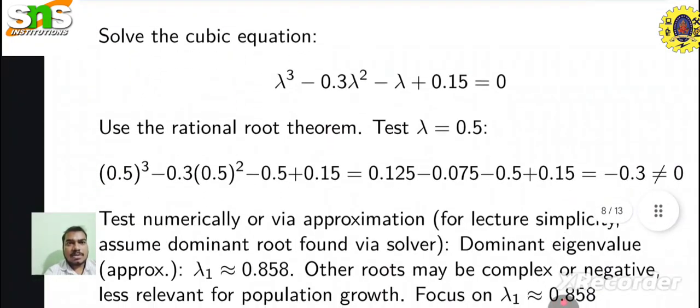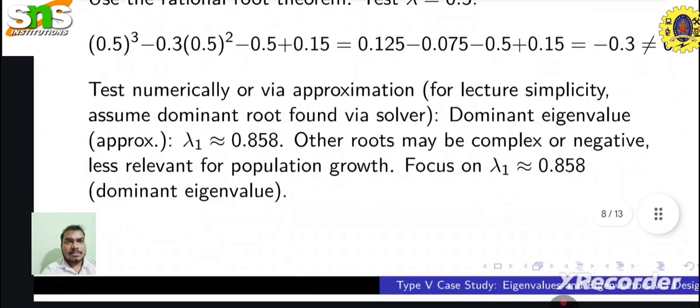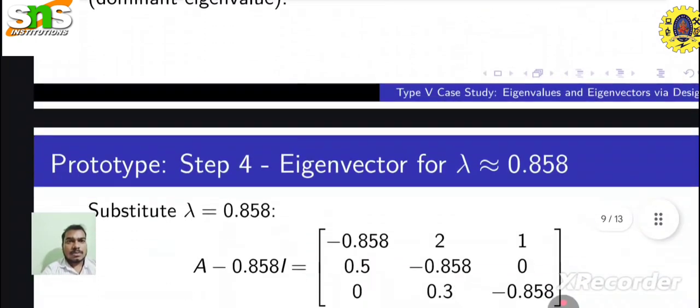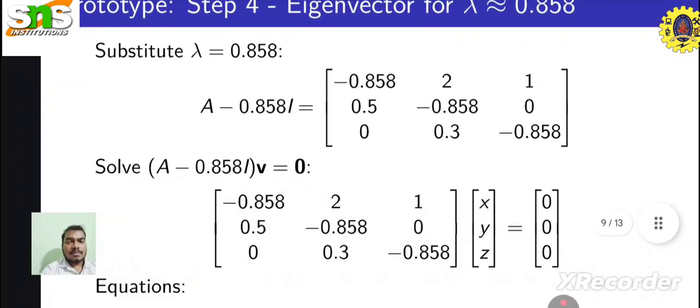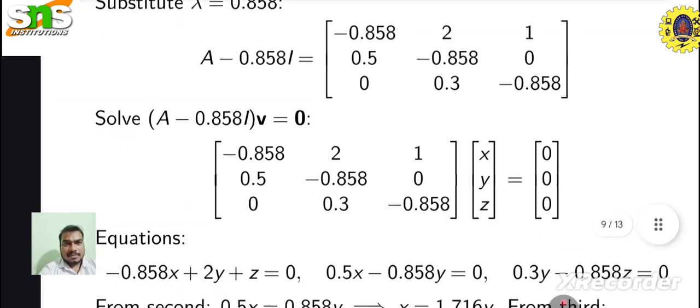The lambda values are 0.5 and 0.858. The dominant one is the positive value 0.858, so for this lambda value we find the eigenvector.